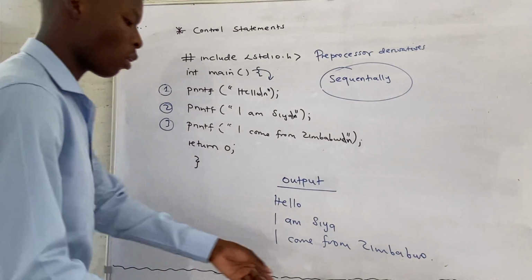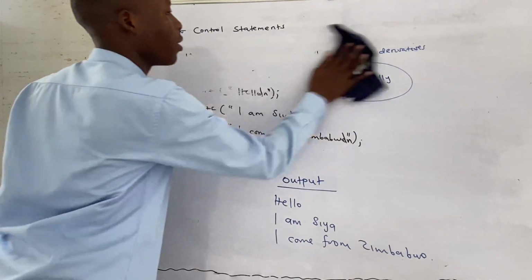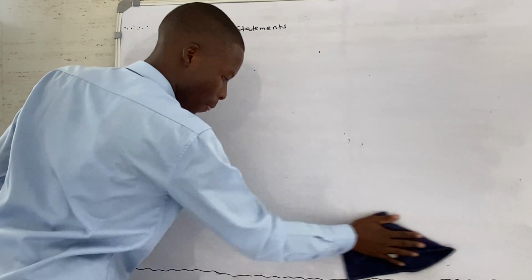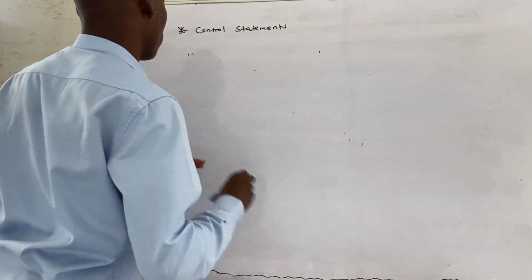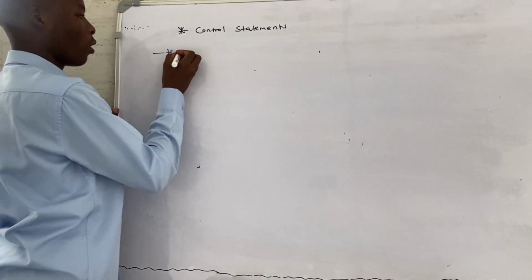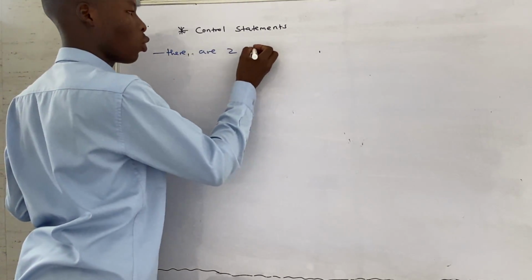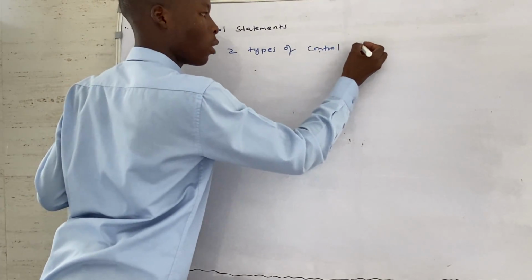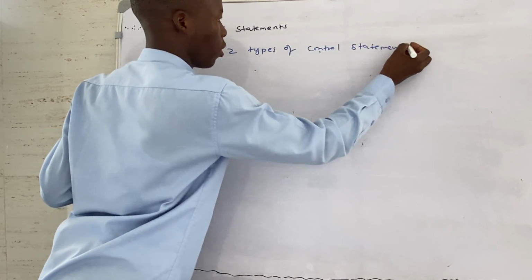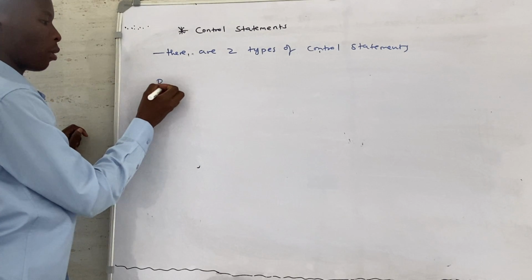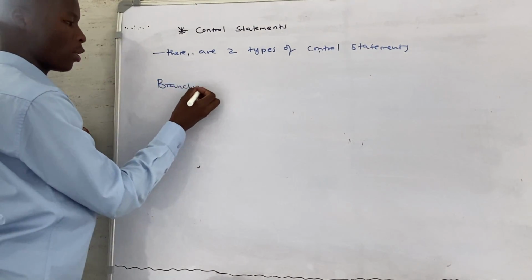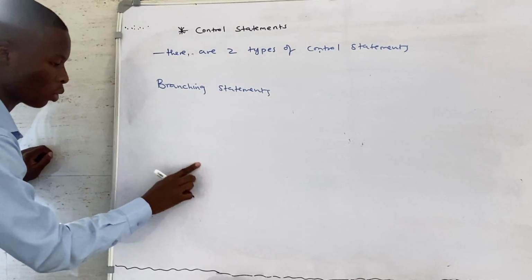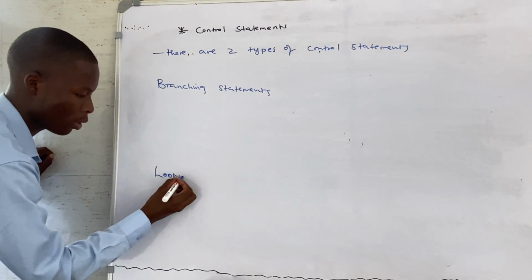There are two types of control statements. We have what we call branching statements and looping statements.